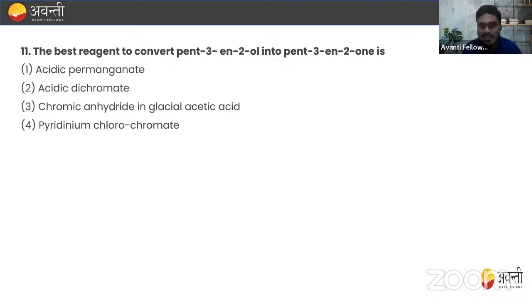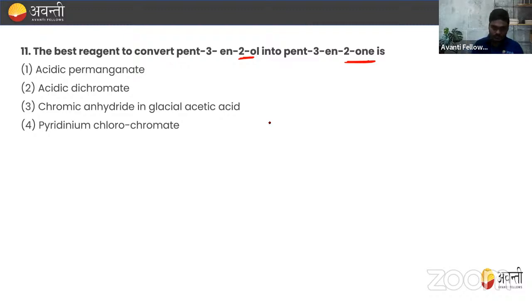If you identify this, the task becomes easy. Here we have an alcohol, and we want to convert this alcohol into a ketone. Alcohol to ketone, very good.